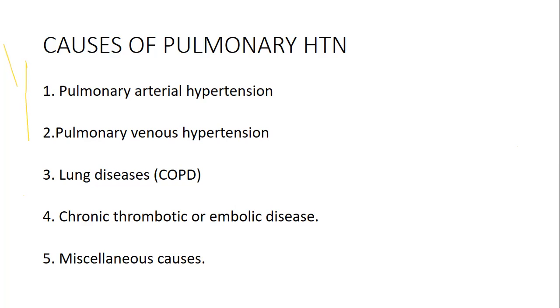So pulmonary arterial hypertension is one of the common causes of pulmonary hypertension. This may result in increased pulmonary vasculature pressure because there is raised pressure within the pulmonary vasculature. Then you can also have pulmonary venous hypertension. Lung disease, such as chronic obstructive pulmonary disease, is also one of the common causes of pulmonary hypertension.